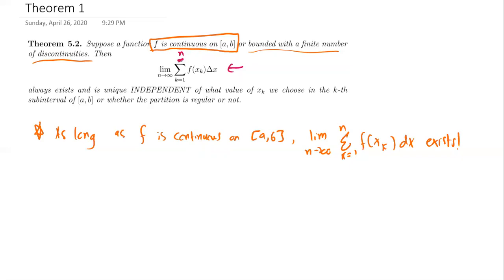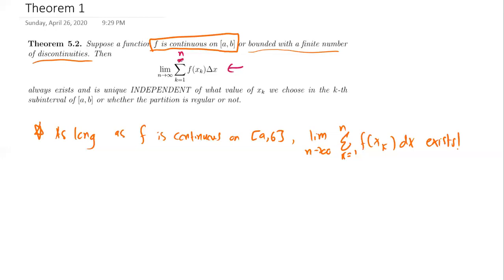It might be easier to compute this sum when the x value is taken to be something clever, right? So maybe not the left endpoint, midpoint, or right endpoint, but something else. But for our purposes, it doesn't matter. Again, what's important is if your function is continuous, this limit exists, and it doesn't matter if we use a left endpoint, midpoint, or right endpoint approximation.